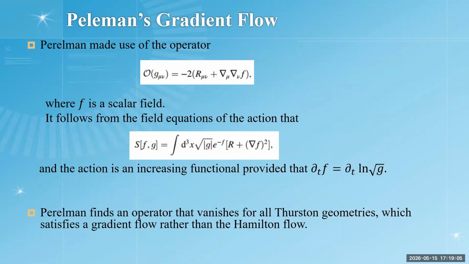This flow direction is very much like the entropy direction. And actually, if we include this one, we don't need a cosmological term. But by choosing this scalar field, we can have some cosmological constant: if f is, for example, proportional to x, then we have a cosmological constant here.